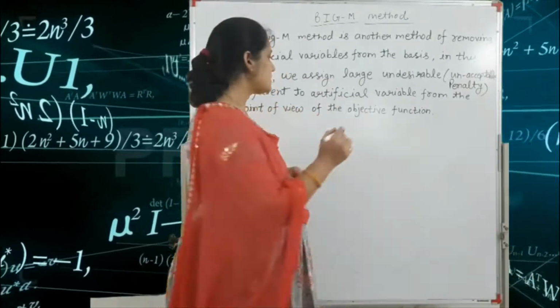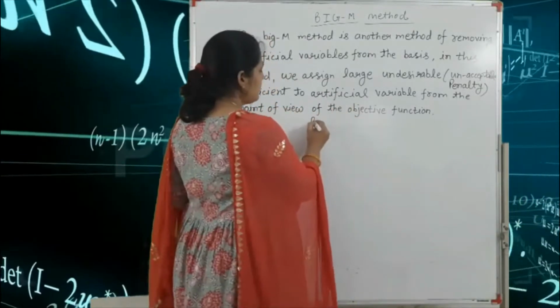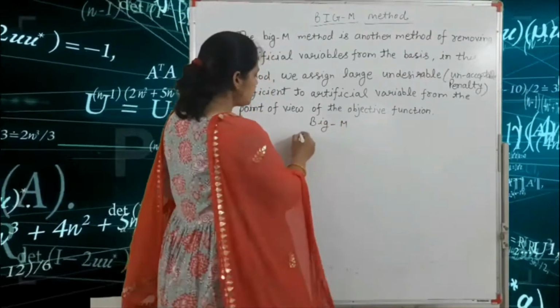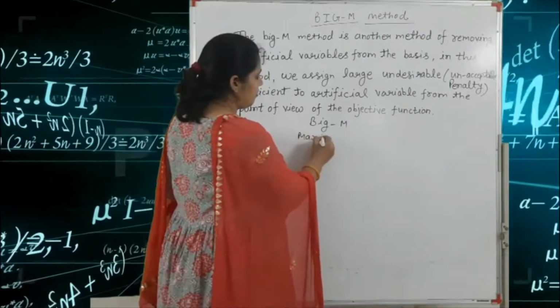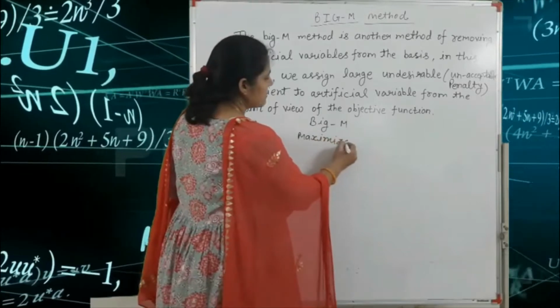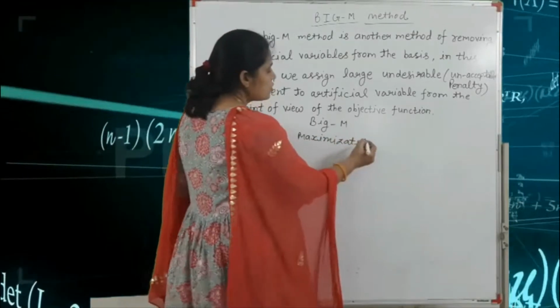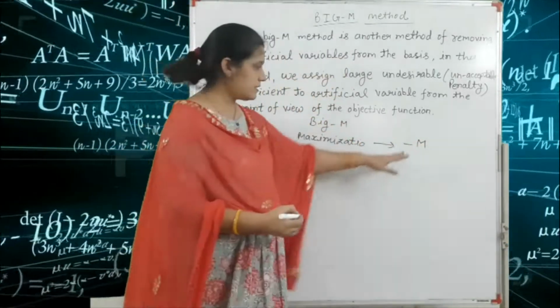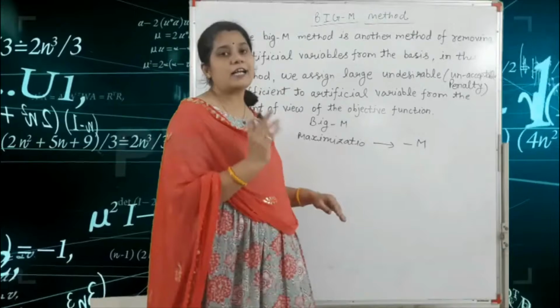For example, in the Big M method, if your question is given in the maximization form, we use minus M, the largest penalty. We can calculate the largest penalty.